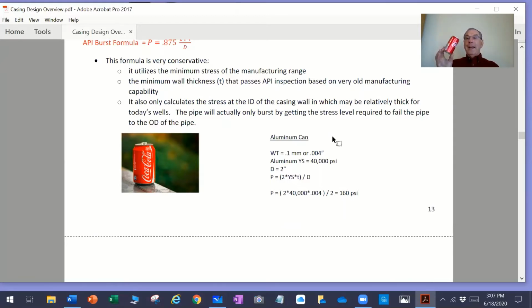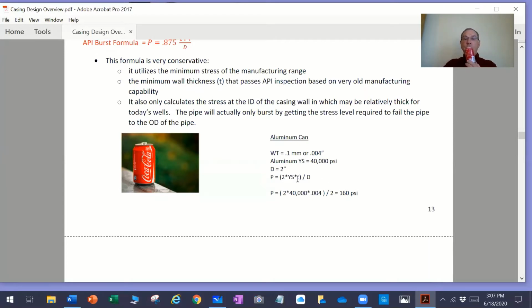Now here is, I would say, something that fits the condition of the API equation. A very, very thin-walled member. This happens to be a soda can. And the wall thickness on this soda can is about 0.1 millimeter, or 4/1000ths of an inch thick aluminum. The aluminum yield strength is 40,000 psi approximately. It has a diameter of about 2 inches.